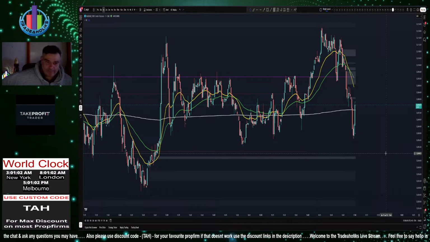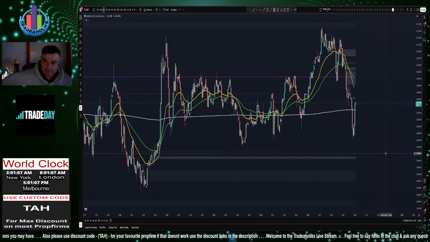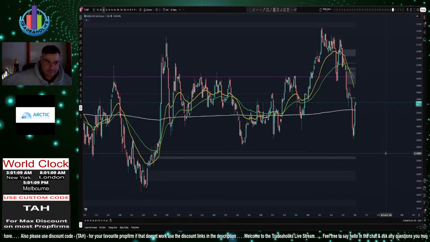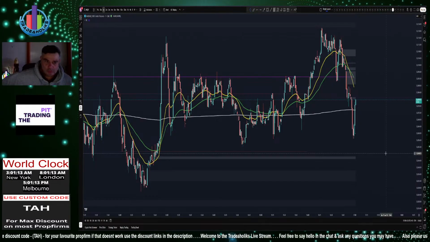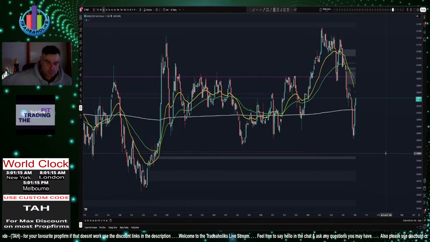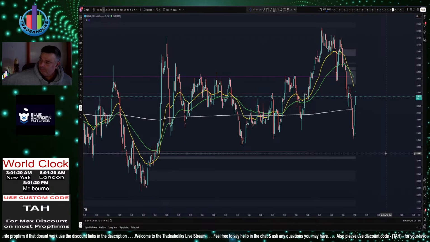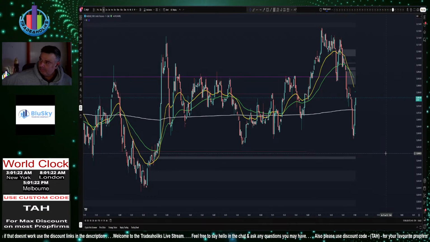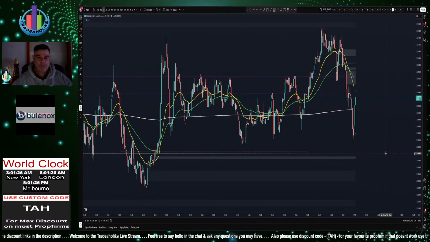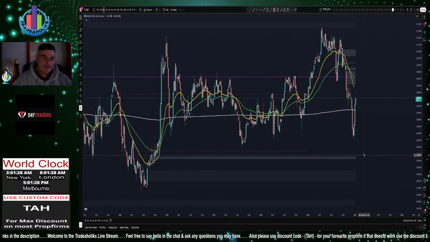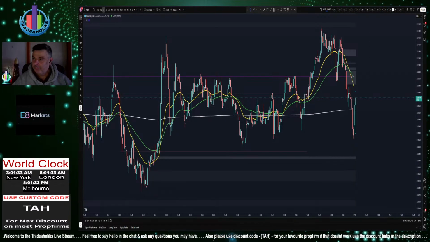I do initially wait for the first 15 minutes to pass so we can create the ORB. Pushing up to the 80s now. Let's see if we break that.